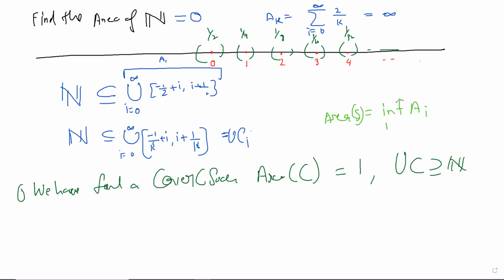So the infimum should be less than or equal to 1, so we can safely say the area of the naturals is less than or equal to 1. Now the task for you is to actually show that it is 0. That's the next thing you have to try.